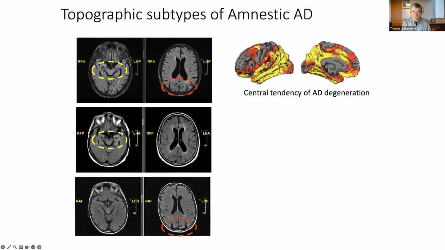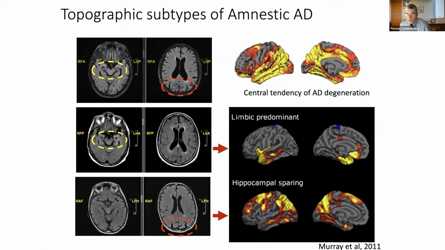These are so-called limbic predominant and hippocampal sparing subtypes of Alzheimer's disease, and they're each about 15% of cases. This kind of variability is an important clue to variation in the underlying biology of the disease, and that's one of the things that we're interested in.